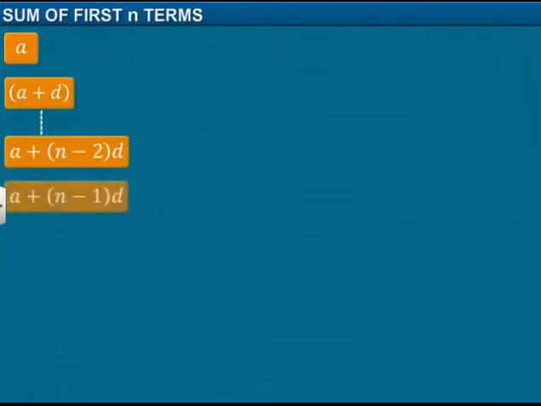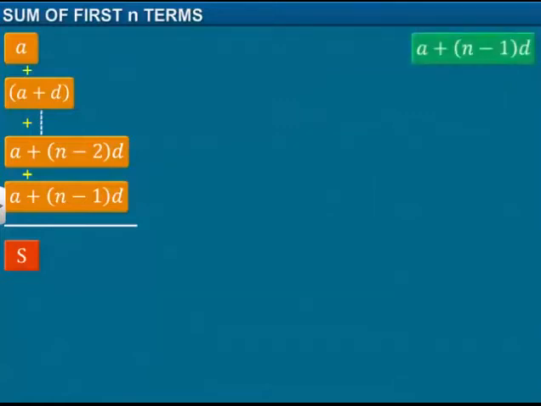Let the sum of these terms be S. Now, let's consider the reverse of this AP. In the reversed AP, the last term, A plus (n minus 1) multiplied by D, appears in the first position, and the first term, A, in the last position. The sum of the terms of this AP also will be S.